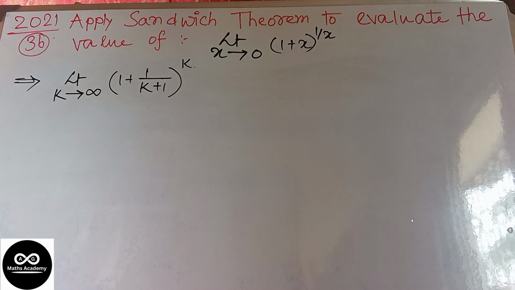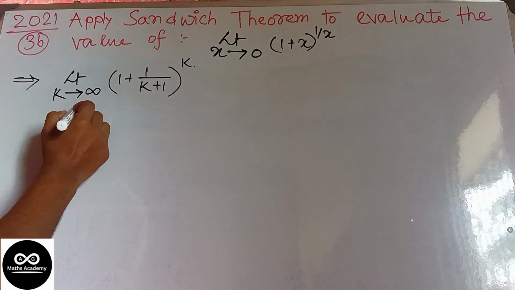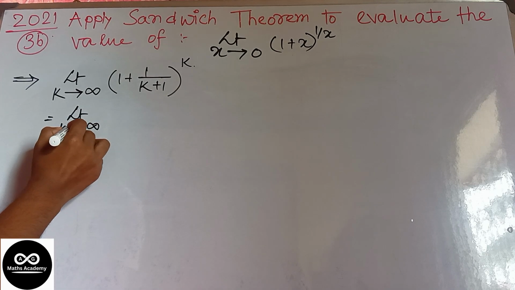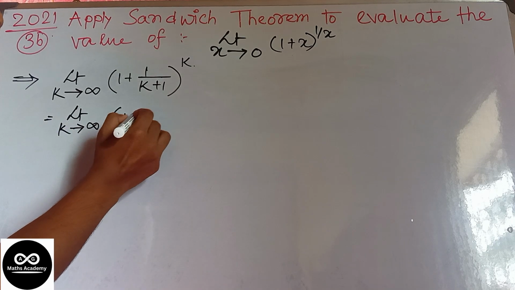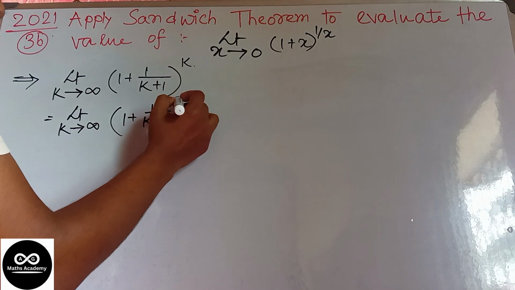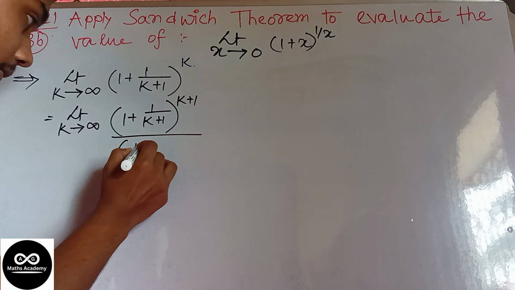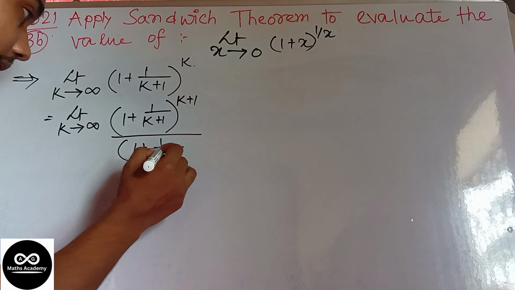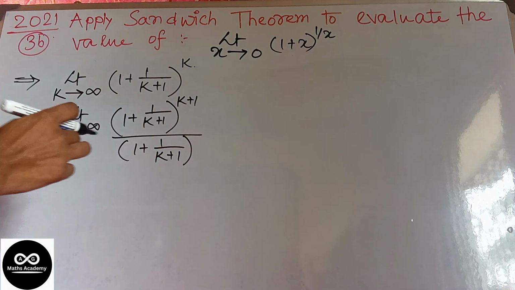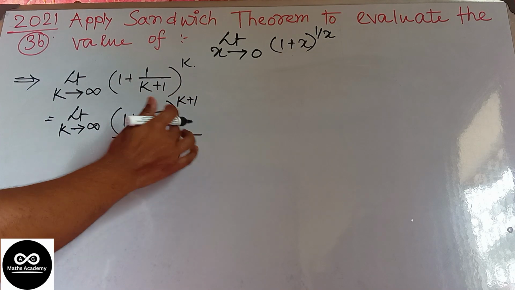Okay, so now we are evaluating this. For this, we take (1 plus 1 by k plus 1) to the power k plus 1, divided by (1 plus 1 by k plus 1). We have taken plus 1 here, and this will be to the power minus 1 of this.